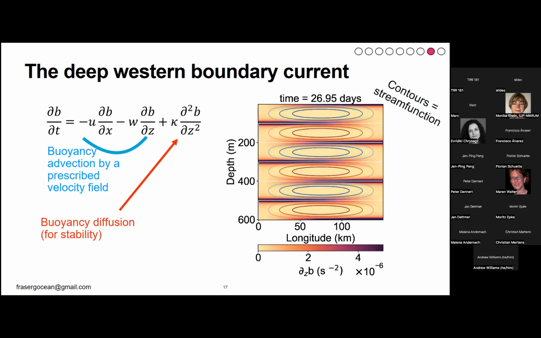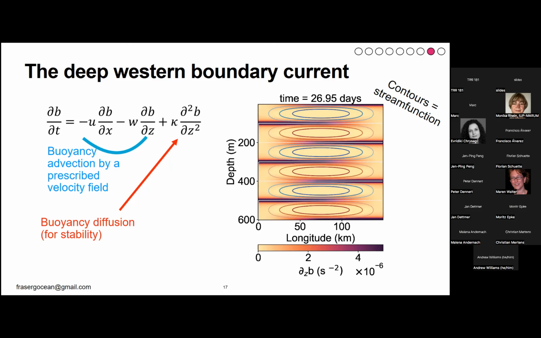It's kind of obvious that it has to happen like this. But my hope here was just that it shows the two key ingredients you need: overturning cells and a background density gradient. And that's kind of all we need.